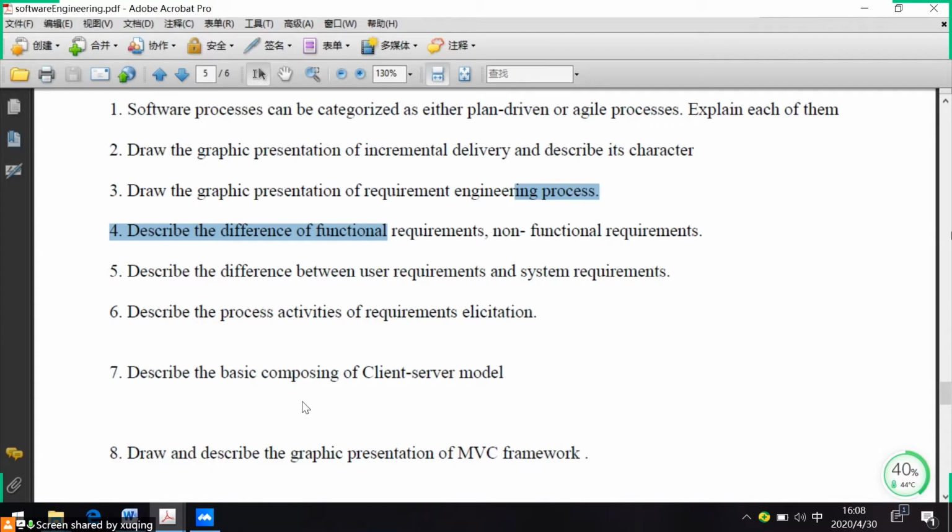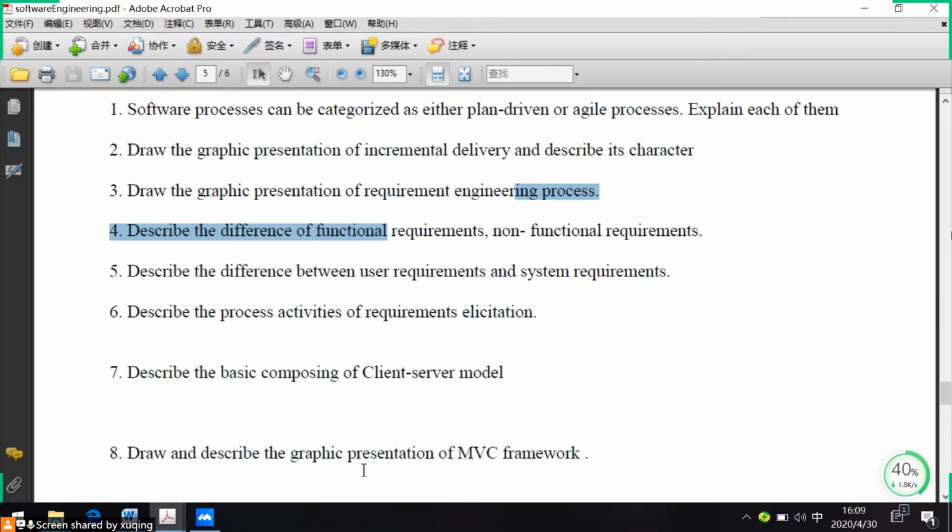For the user requirements, we should describe the functional and non-functional requirements in such a way that they are understandable by system users who don't have detailed technical knowledge.